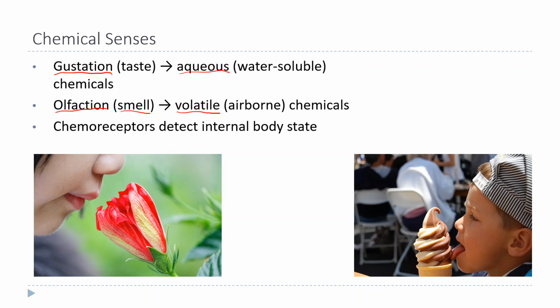For example, you have pH receptors in your bloodstream. Actually, they're in a part of the brain called the hypothalamus. And those are important because changes in pH usually are reflective of the internal body state, the pH state of your body tissues, and then there are also detectors for oxygen, for example.